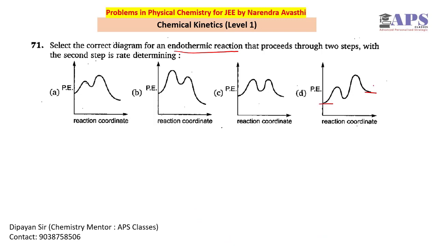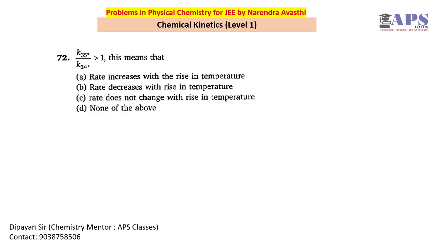Obviously this is a two-step process, and we have activation energy of step 1 and step 2, like EA1 and EA2, and clearly EA2 is greater than EA1. The second step is the rate-determining step, and it is an example of an endothermic reaction, so option D will be the correct option.